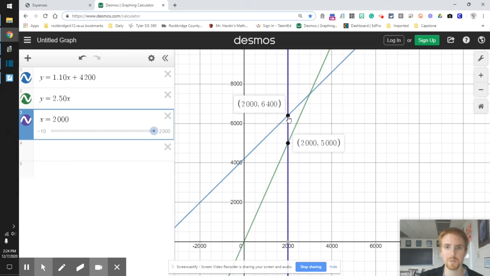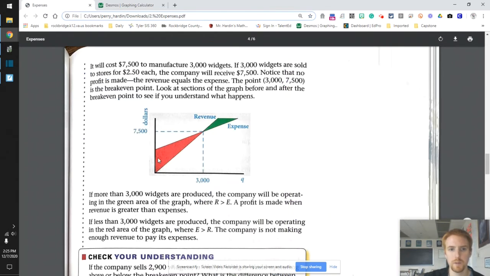That puts me at a loss. So if that's all I'm able to sell, I've got a problem. I'm losing money. So anything in this red area, you're operating at a loss because your expenses are higher than your revenue. Revenue is this line, expense is this line. Follow them out. Once you get to this point, you're breaking even.